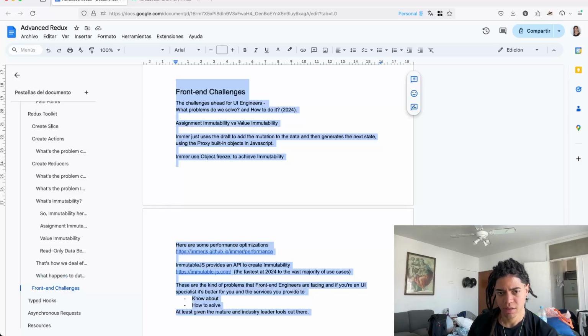State management. The value of front-end engineers, exactly, state management.